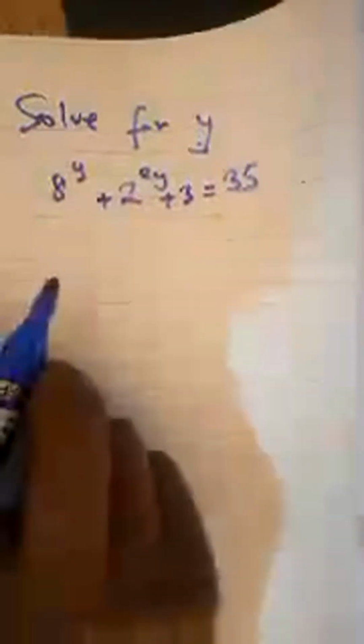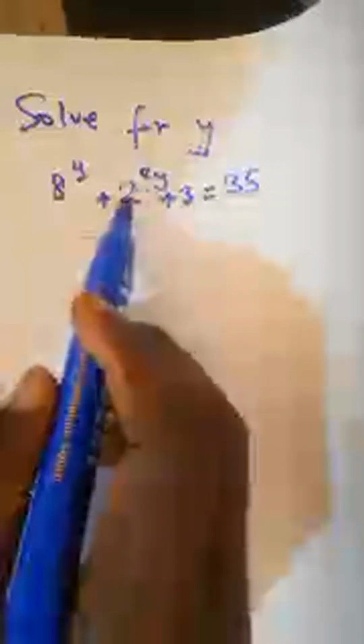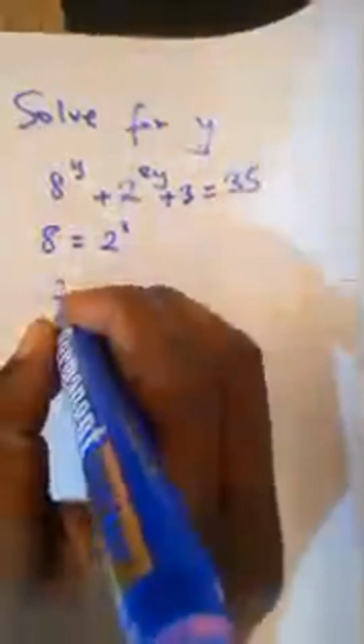This one is also a simple one. It involves indices. It also involves a quadratic equation. So let us see. I know 8 can be written as 2 power 3. Then I can replace it here to be 2 power 3y.